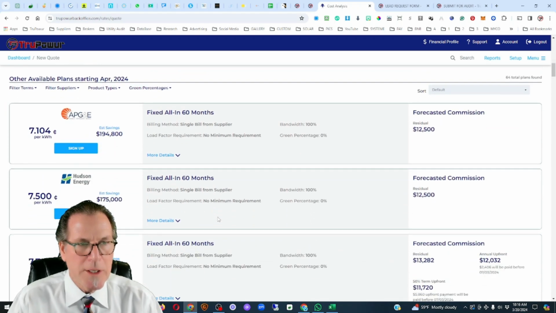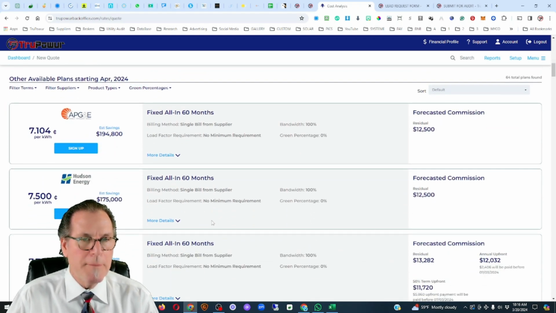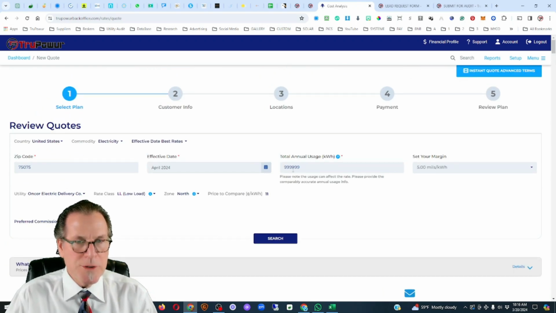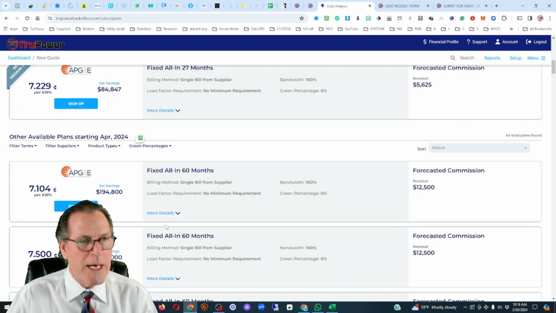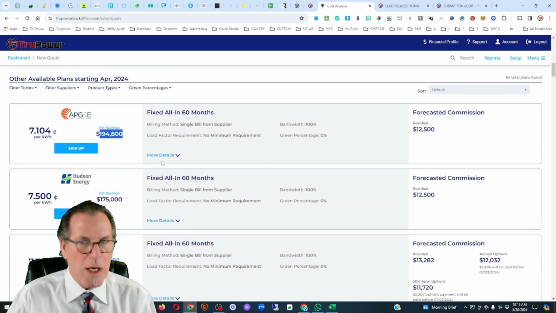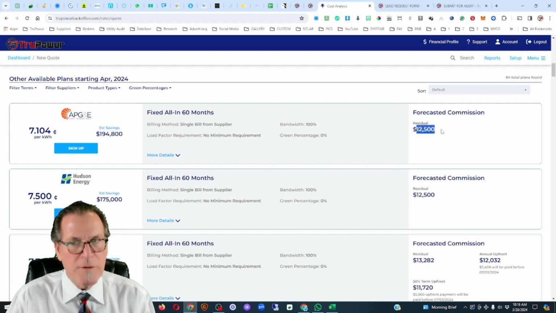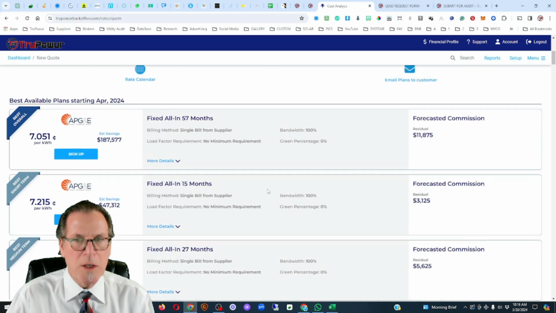When we come down here, we can see that for this particular customer, based on their usage and price to compare, we would be able to actually save that customer $194,000 and put 12 grand in our pocket doing it, and that comes from the supplier.